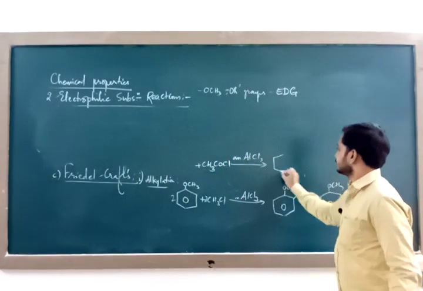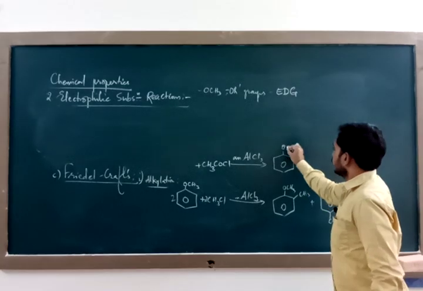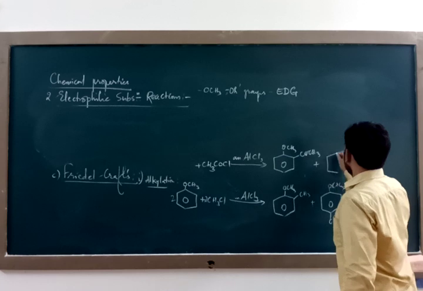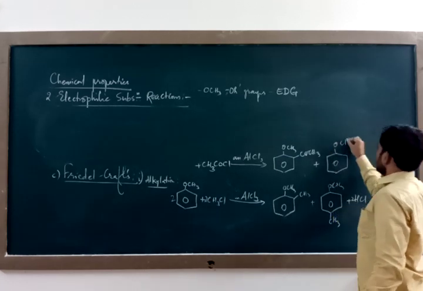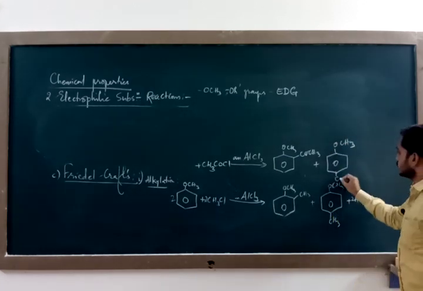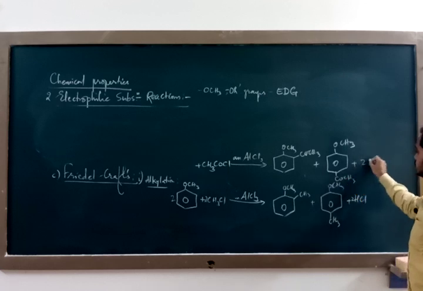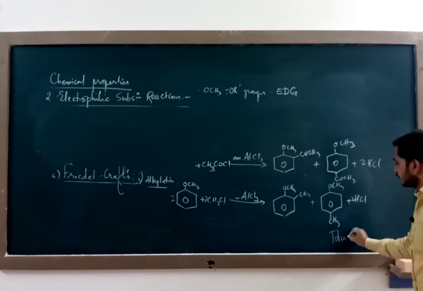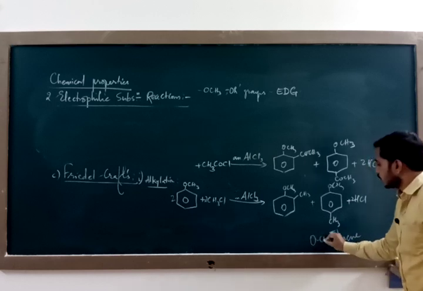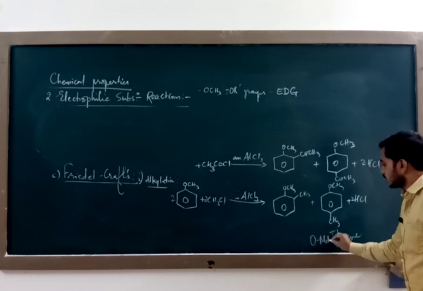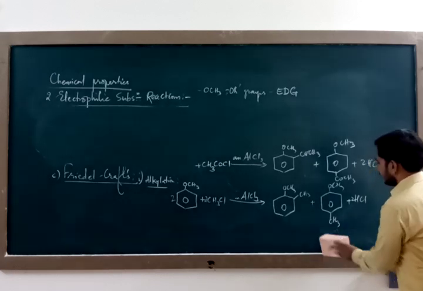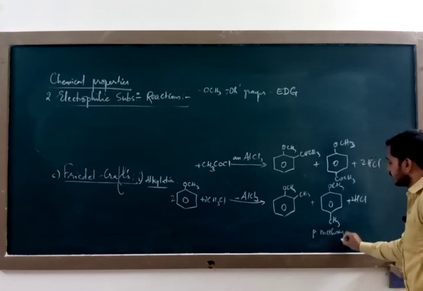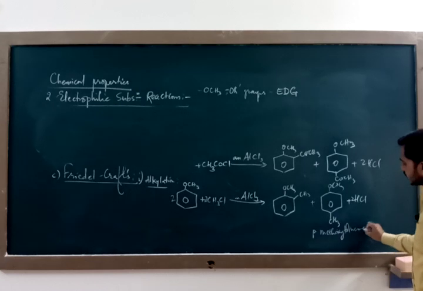The products are OCH3 as it is, COCH3 is substituted, OCH3 as it is, here COCH3 plus 2HCl. Here you got toluene. Which toluene? Orthomethoxytoluene and paramethoxytoluene were obtained, out of which paramethoxytoluene was major product.